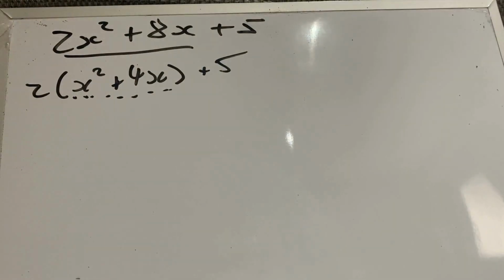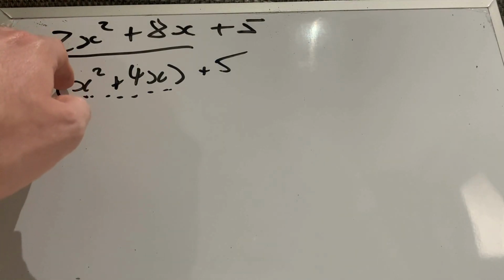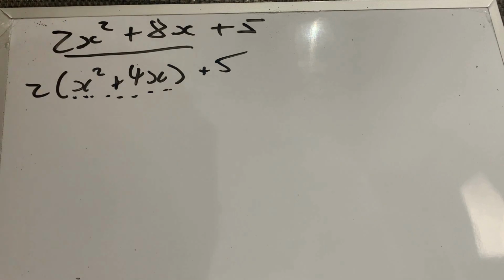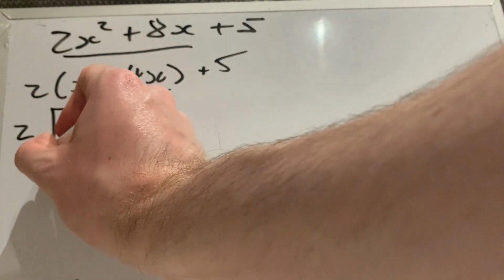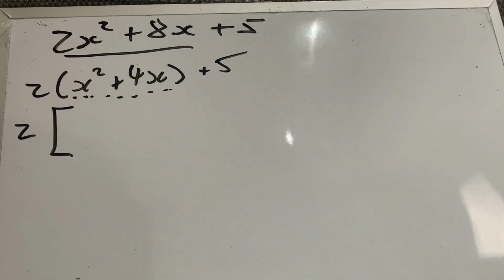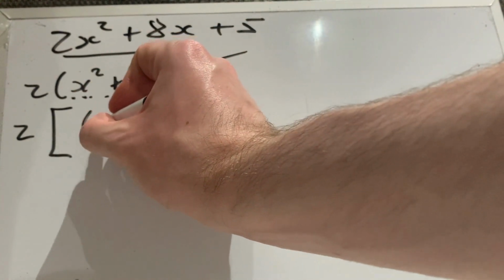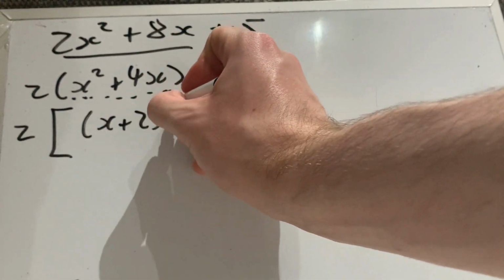Ignoring the 2, we see that the coefficient is back at 1, so we can complete the square on this guy here. We're going to write 2 out here, and then a big bracket to show that we're going to have x plus half of 4, which is 2, squared.